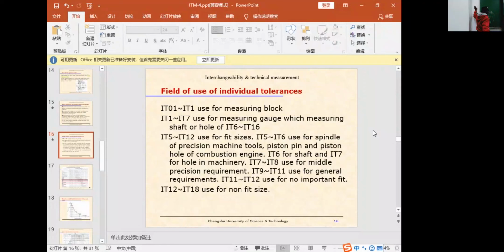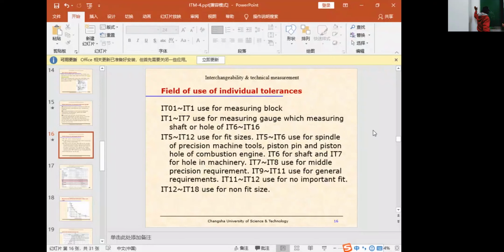When we design the hole and calculate the clearance, we add delta.